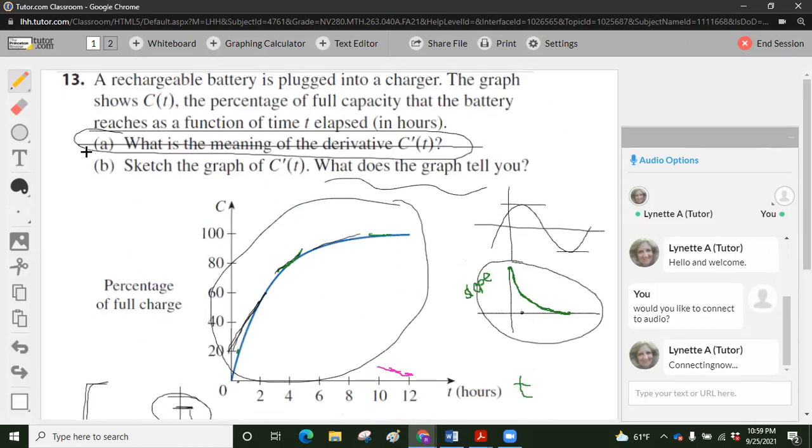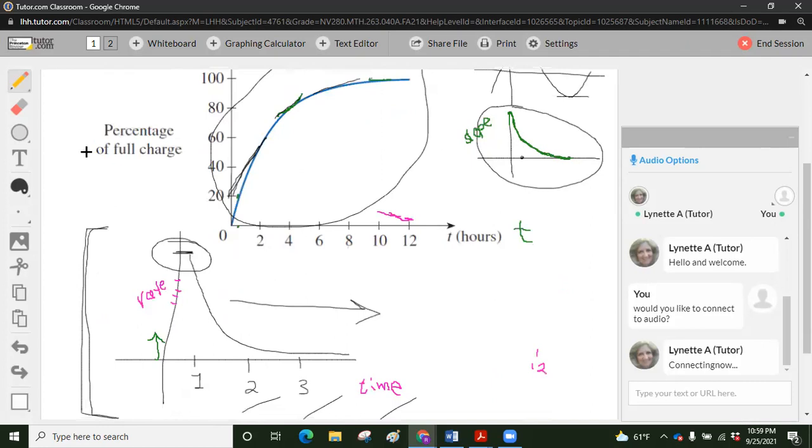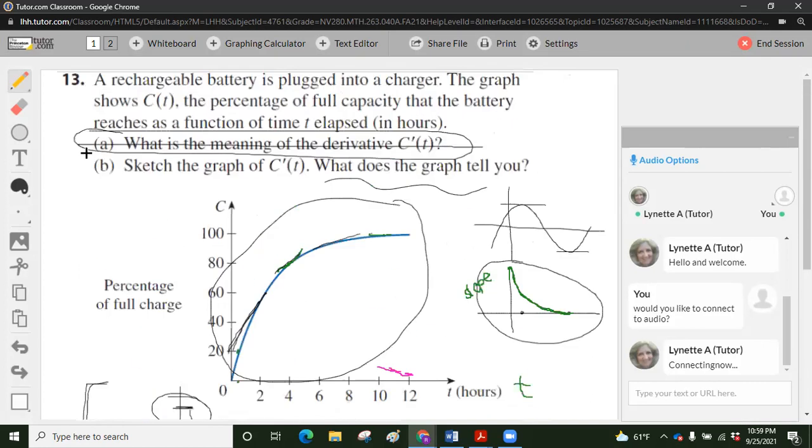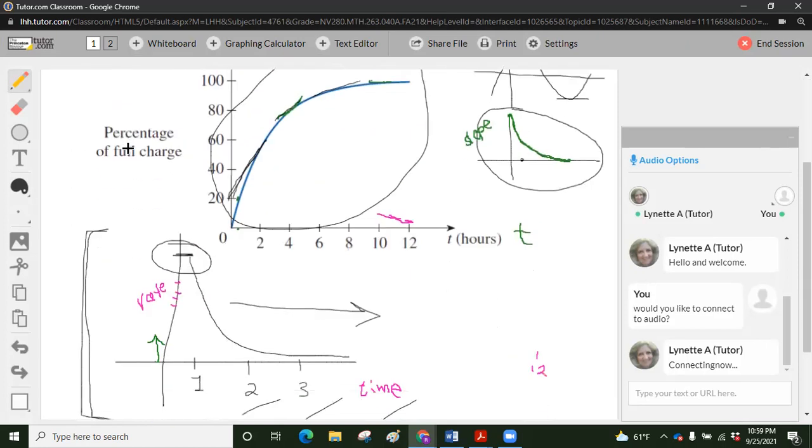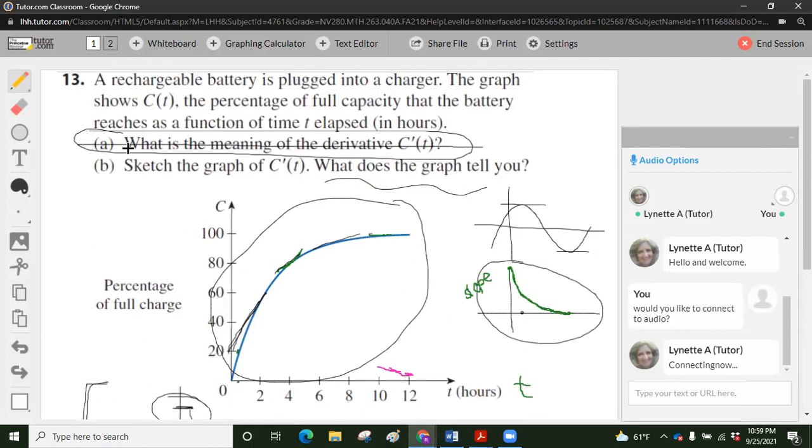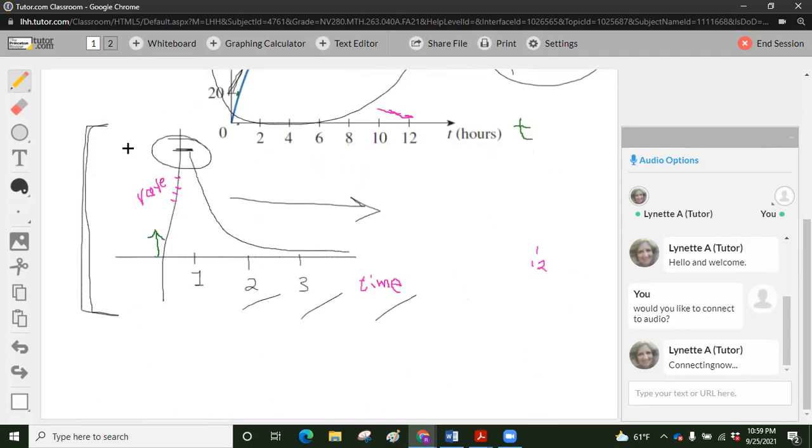Part A in a way tells me that the derivative of the graph is in fact the rate of change. So if I would have elaborated more on part A, then sure, that would have helped you. Yes, absolutely. Yeah, I understand now. Sorry, I did not understand before. No problem at all.